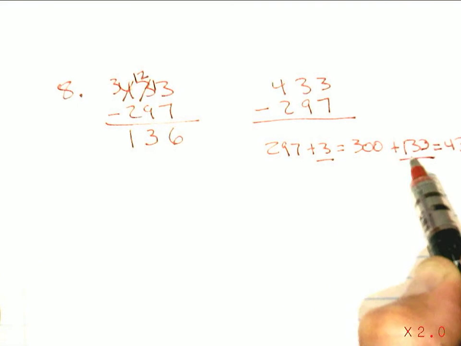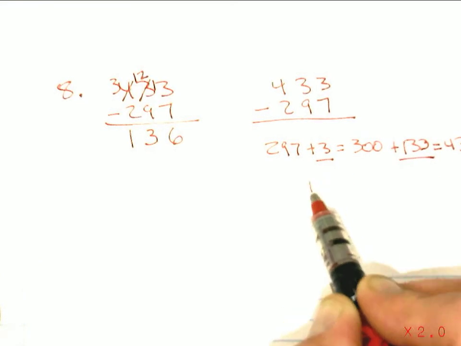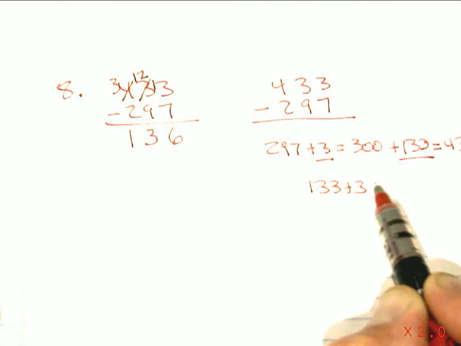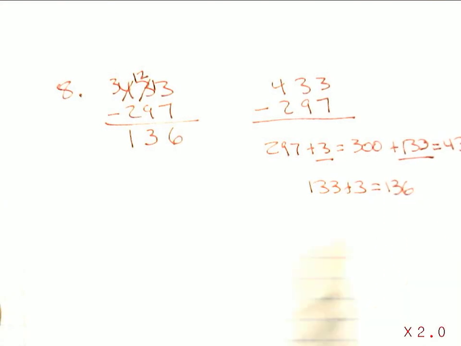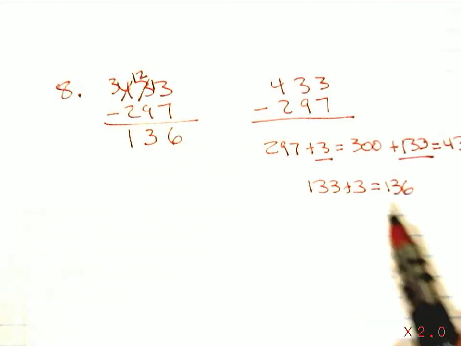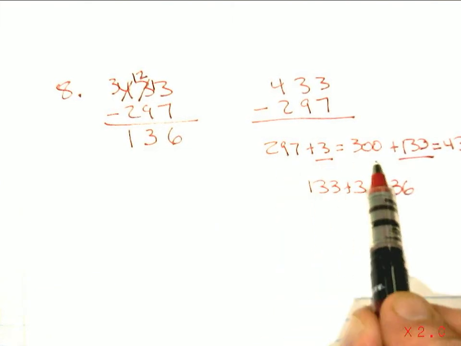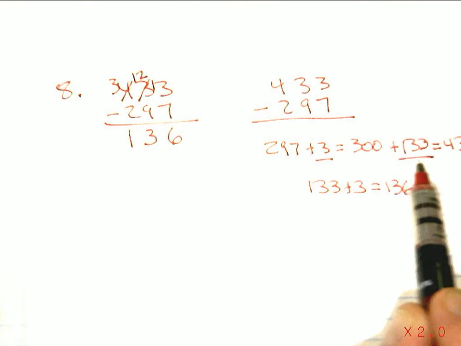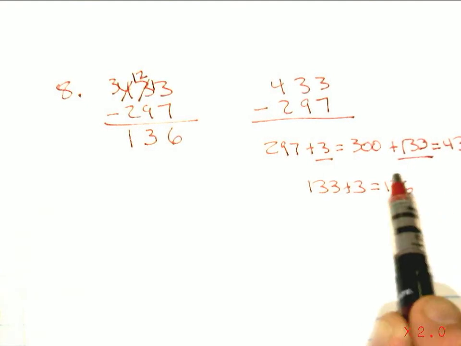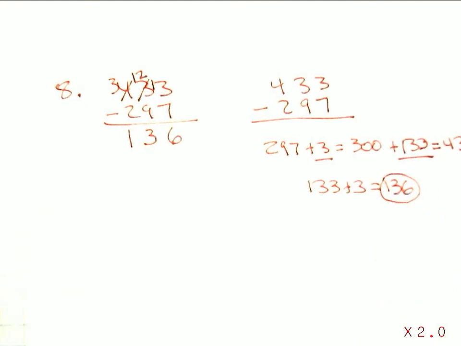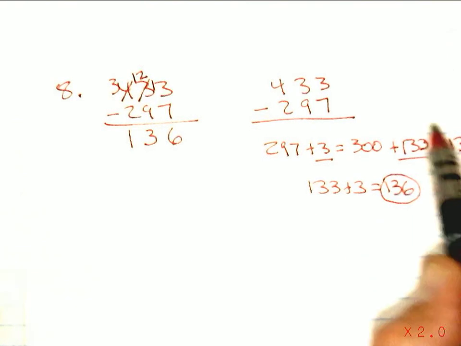I had 133 plus 3, which is 136. I really did all that in my head, but I was just writing out how I was thinking about it. 3 more to 300, and then 133 more to 433 gives me the 136, which is the answer to this problem. And again, I really could have done all that without writing any of this down.